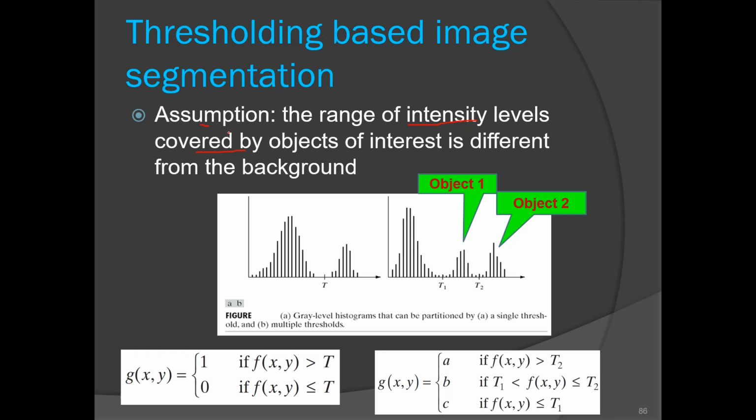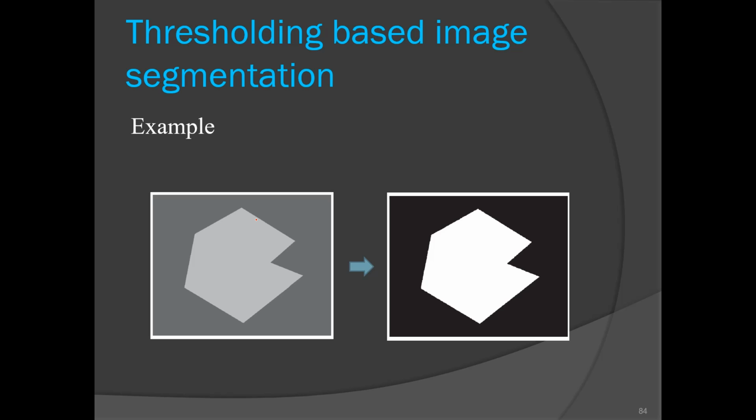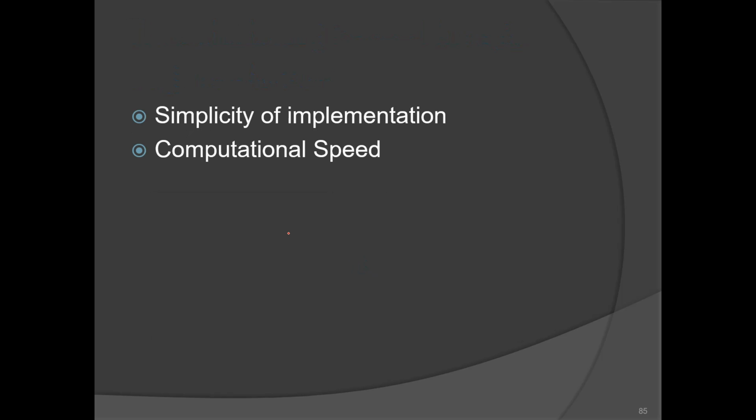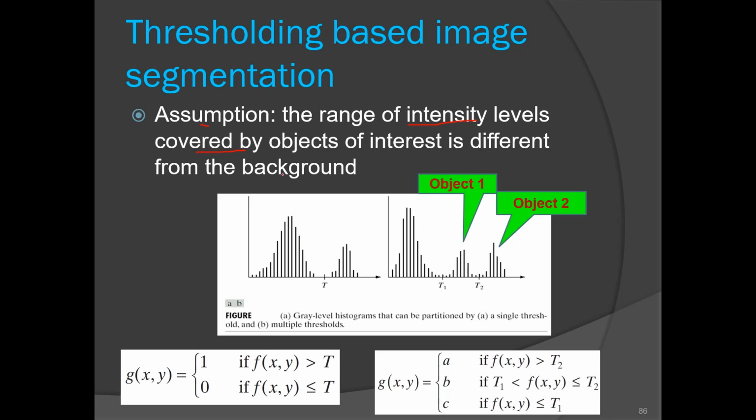This is our assumption. If they have similar intensity levels, then thresholding is not going to work. So if we have such a case, we will get different modes for the objects and the background, and then we will set a threshold and segment the object from the background.